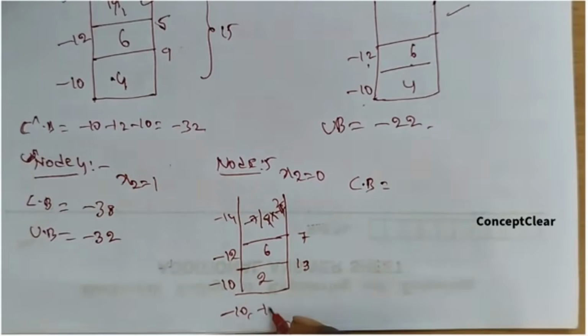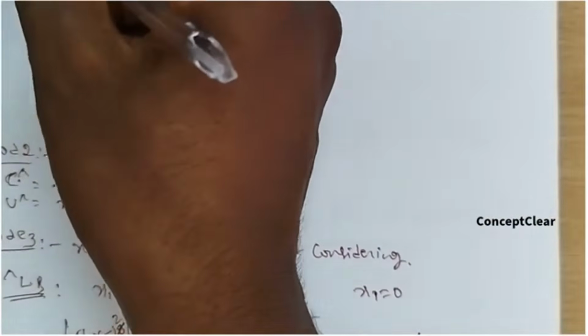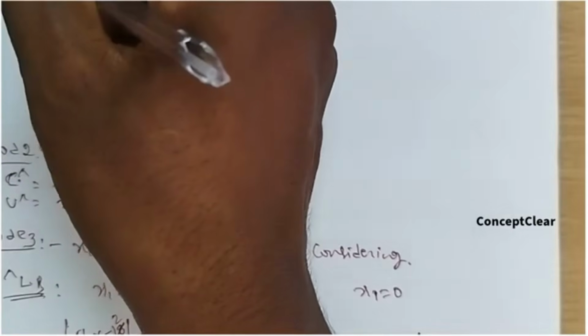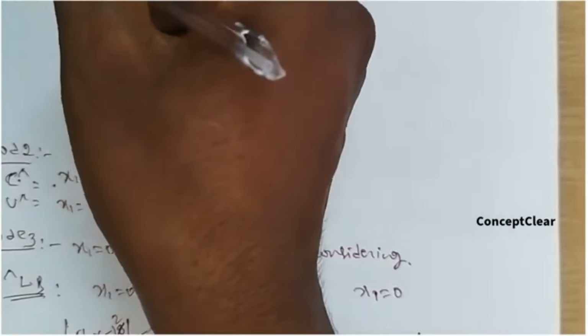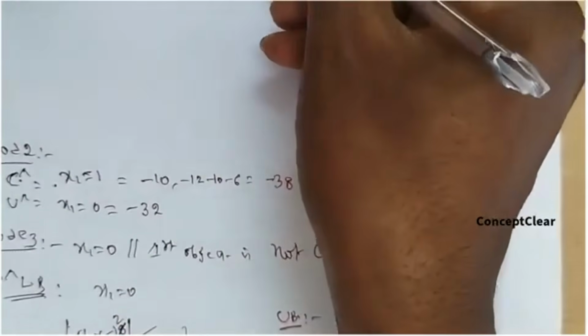Minus 12, minus 10, minus 12, minus 14, that equals minus 36. So the least bound value for node 5 is minus 36. For node 4, the least bound value is minus 38 and the upper bound value is minus 32. And for node 5, the least bound value is minus 36.